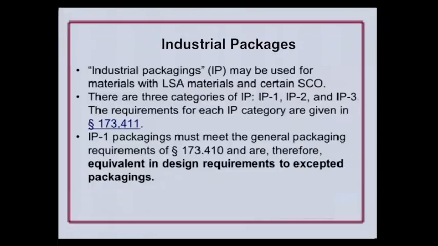So that tells you an IP can be used as an accepted package. A higher one, as long as it meets those requirements, can be used to ship a lower hazard material. That's the way the regs all work, for the most part.